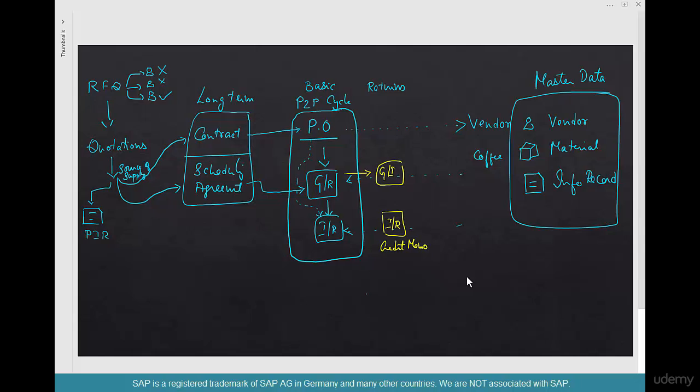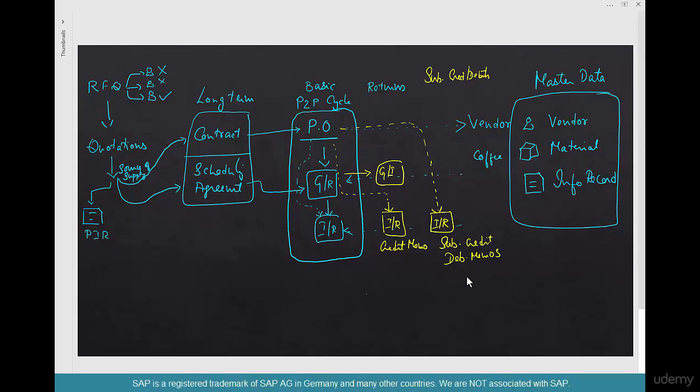This is created with reference to the PO. And we have also seen subsequent credits or debits, which are basic credit memos and debit memos created directly with reference to the PO. So these are subsequent credit or debit memos.